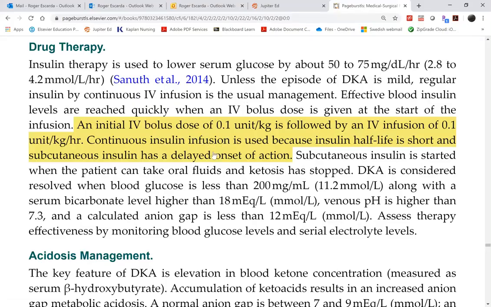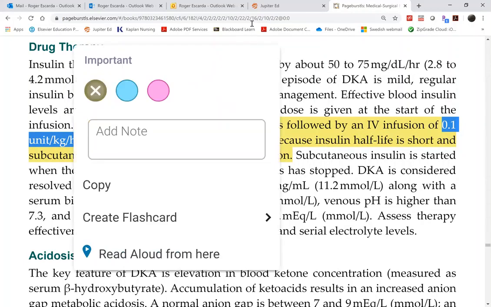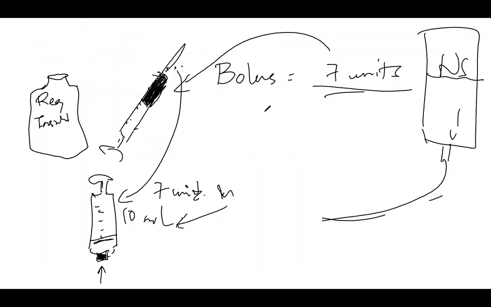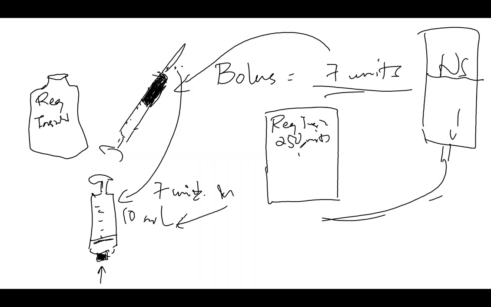So the order for continuous infusion is 0.1 units per kilogram per hour. So here I have a bag of regular insulin, 250 units in 250 ml of normal saline.